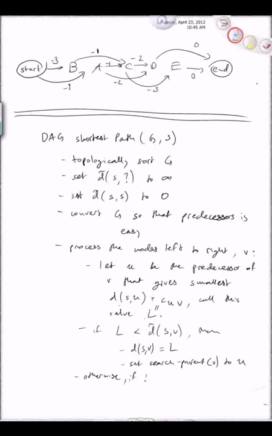Otherwise, if V has no predecessors or its L is infinity, then we're going to set the distance from S to V equal to whatever the label was, and we're going to set the search parent of V to none.